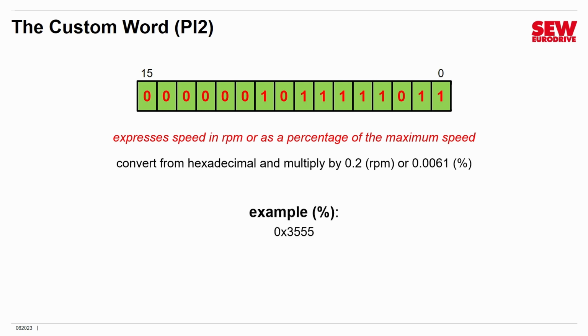So for example, let's say we're in percentage mode and you get a 3555 coming back. First thing you do is convert it to decimal. That's 13,653. And then you would multiply that by 0.0061, and that would give you 83.3, and that is a percentage of the maximum speed. Fairly simple, but definitely you have to do a little math here.